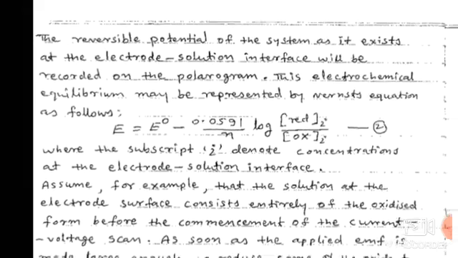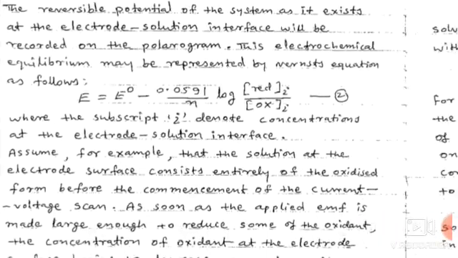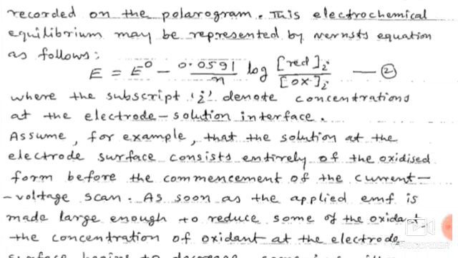If we apply the Nernst equation to the above cell reaction, then E is equal to E naught minus 0.0591 divided by n log of the concentration of the reduced form divided by the concentration of the oxidized form.